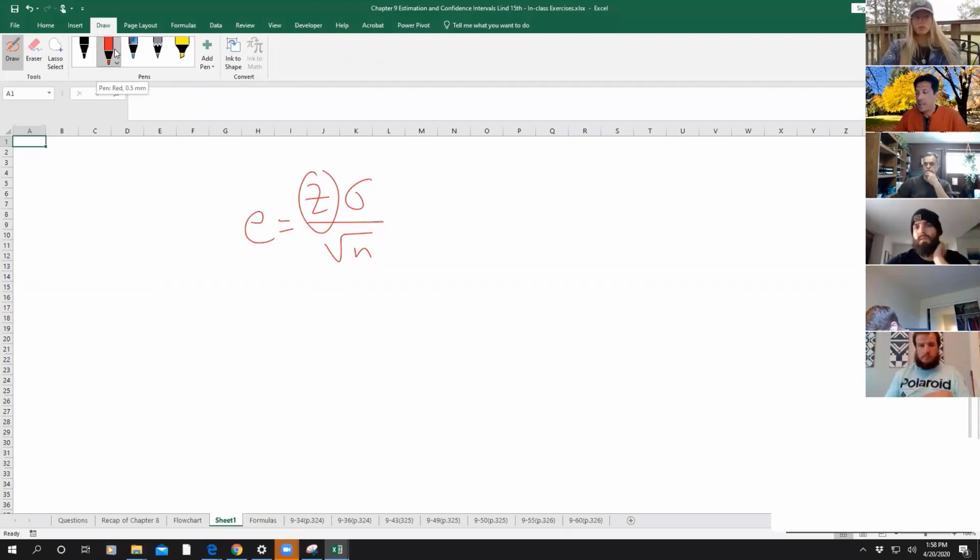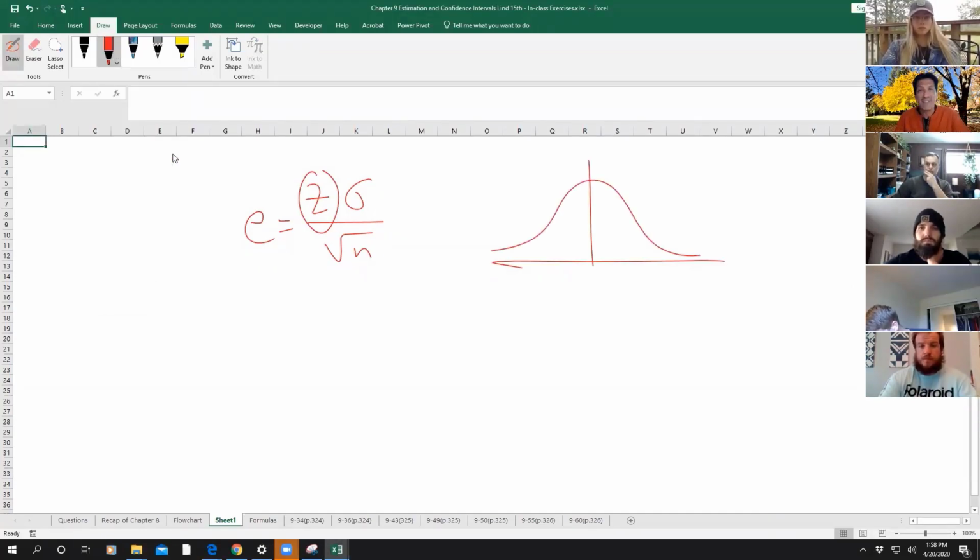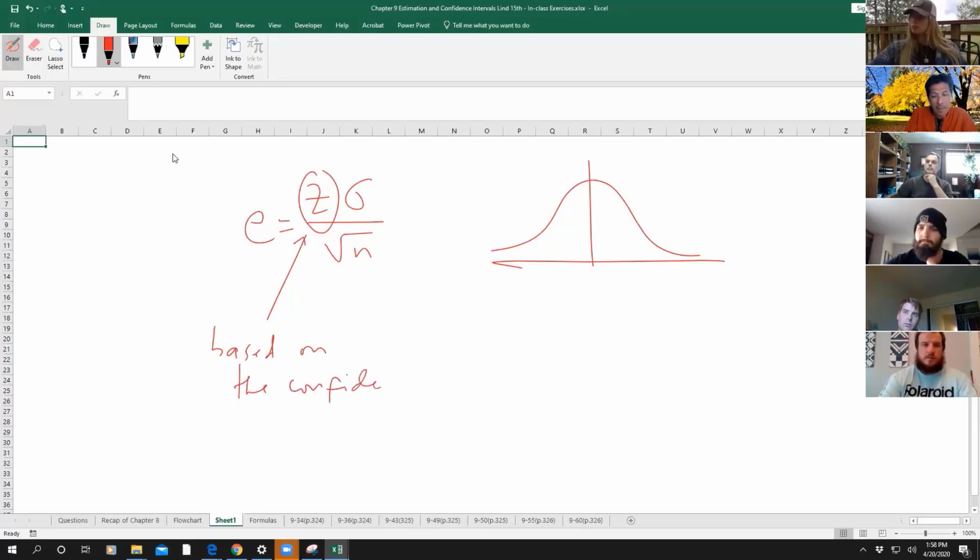The Z is based on the confidence level that you want to attach to your interval estimate. Typically the confidence level could range from, say, 90%, 95%, 99%.